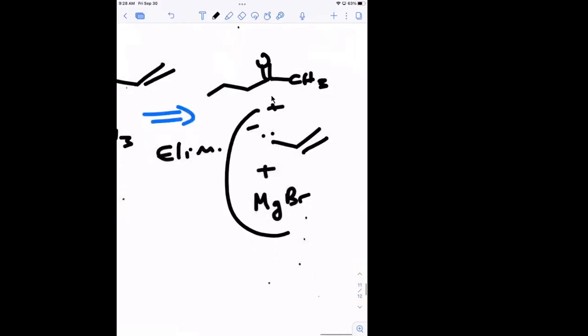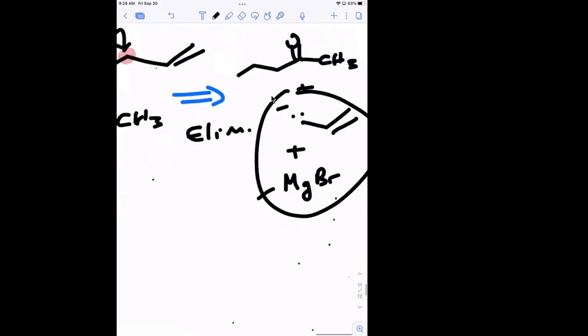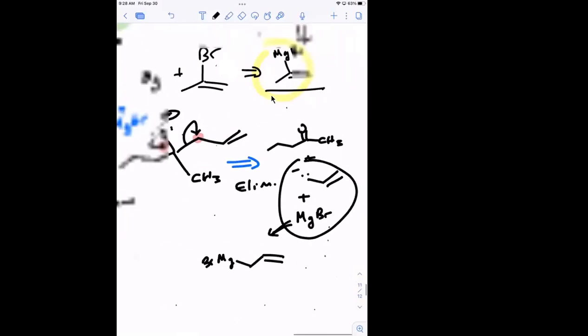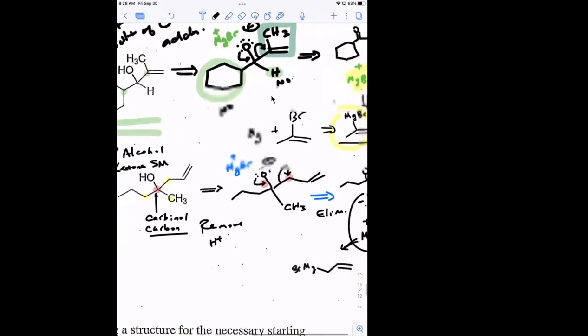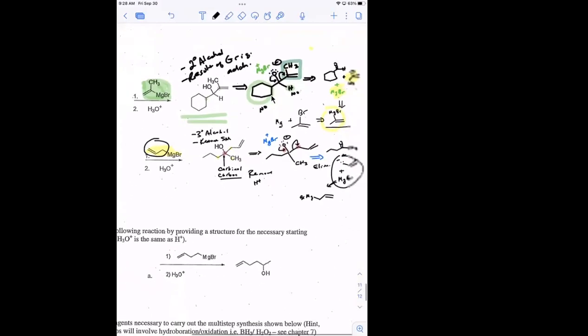And we're going to put these two together to make the Grignard. Right, so that's the Grignard that we started with over the arrow. Anybody not following or not catching it, not understanding, say something.